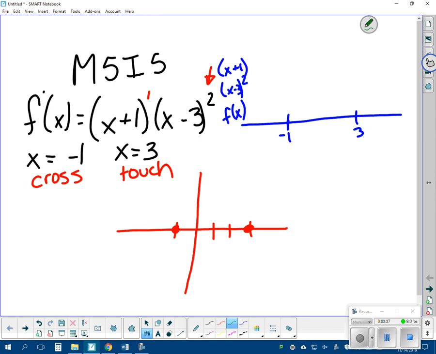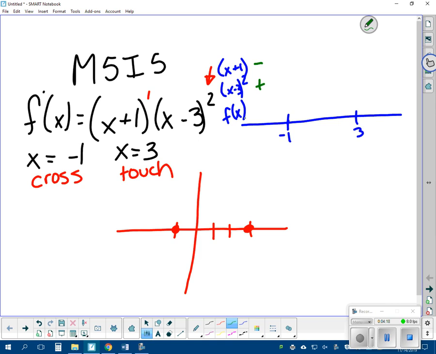Now what we need to think about is, if I plugged a number from this interval into these factors, what would the sign be? Down here I'd be plugging in a negative number smaller than -1, so maybe -2. That could be a test point. If I plug -2 into x plus 1, I get a negative answer. I don't care exactly what the number is, I'm just trying to figure out the sign. If I plug a negative number into x minus 3 squared, say -2 minus 3 is -5, but -5 squared becomes positive.